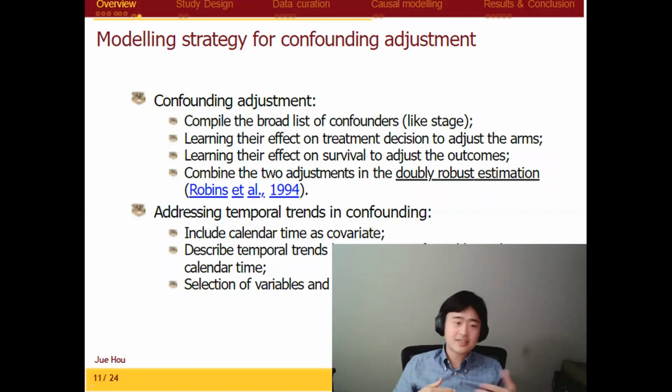Since these are two models, in order to combine them and provide a better, more powerful estimation, we would use doubly robust estimation in the end. And to address the temporal trends in confounding, we include calendar time as a covariate, and we describe the temporal trends by including, as additional covariates, the interaction between all the existing variables, the broad list of confounders, with the calendar time.